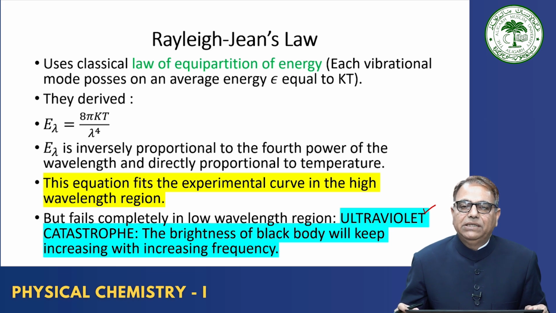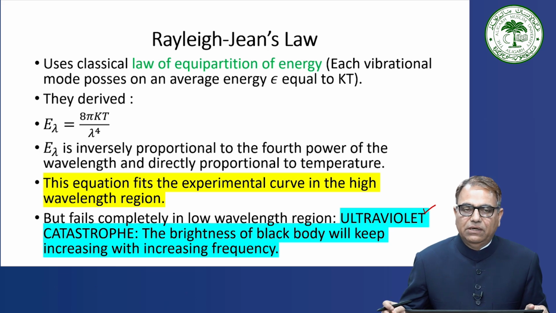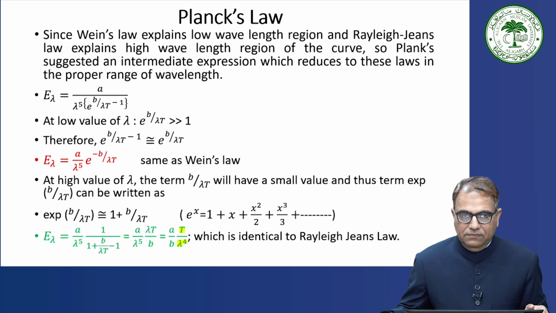So he combined these two laws and gave a new equation which reduces to these two laws at low and high wavelength regions respectively. Wien's law explains the low wavelength region, the Rayleigh-Jeans law explains the high wavelength region.